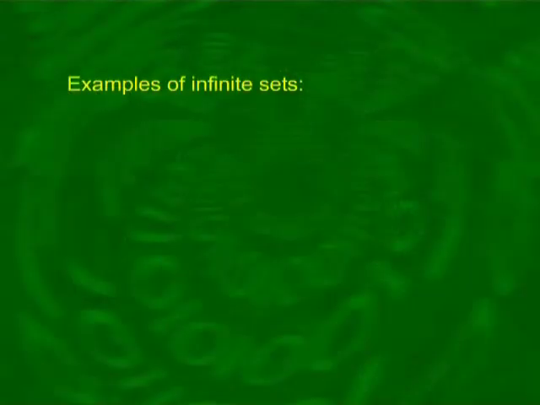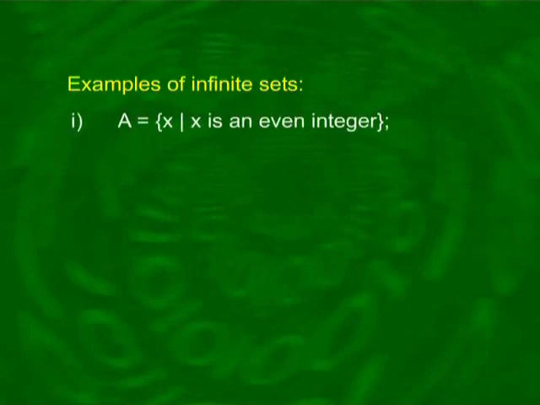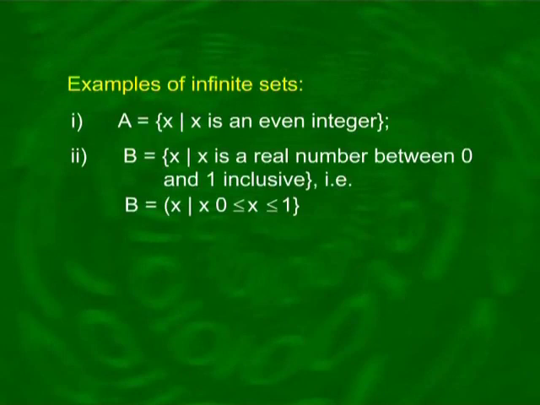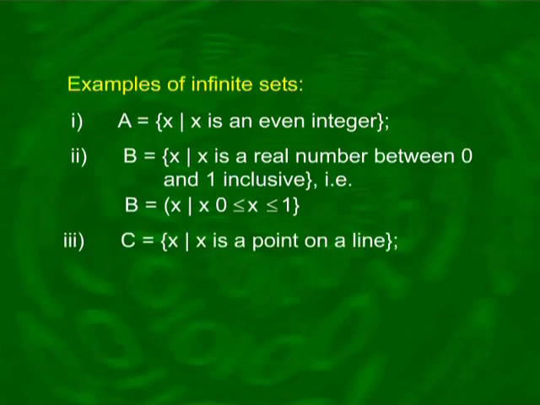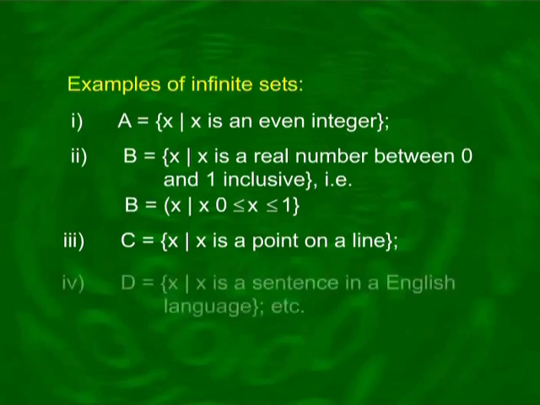On the other hand, examples of infinite sets are the set of even integers, or the set of all real numbers between 0 and 1, including 0 and 1, or the set of points on a line, or the set of the sentences in the English language.